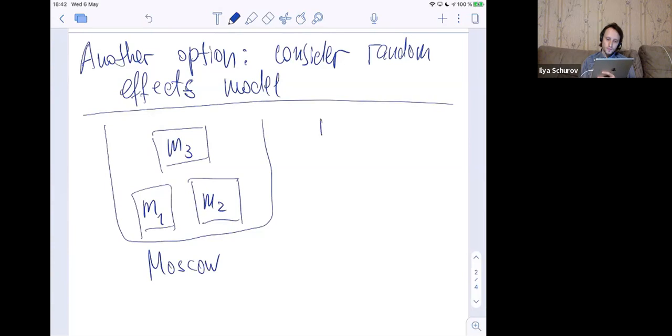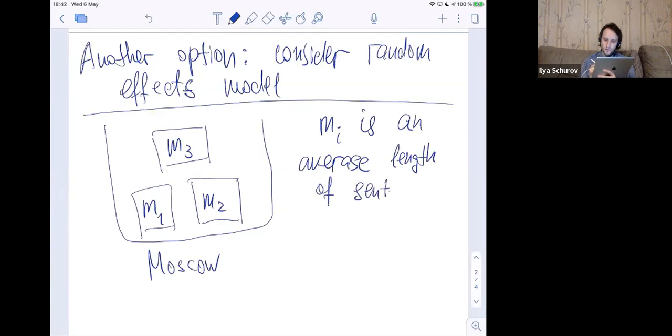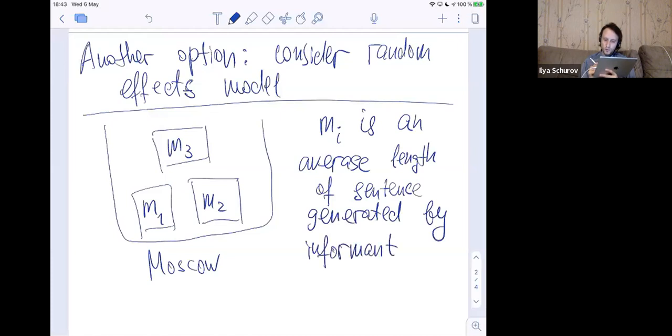And m_i is the average length of sentences generated by informant i.